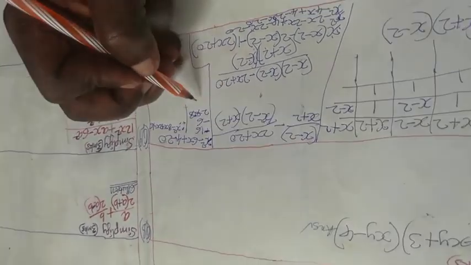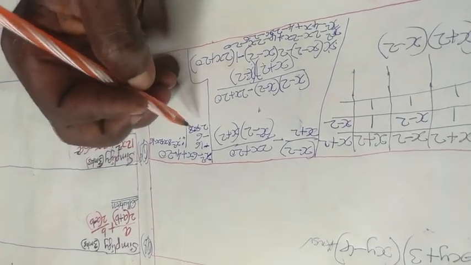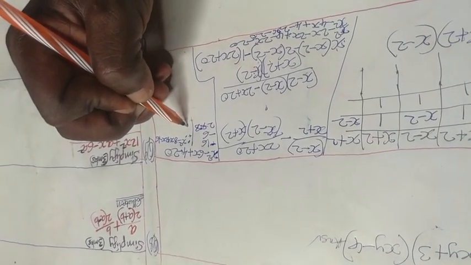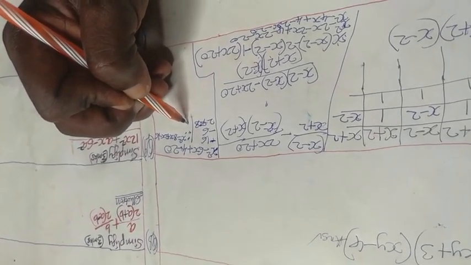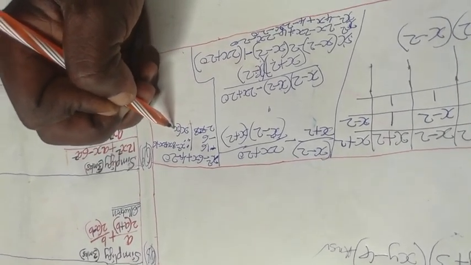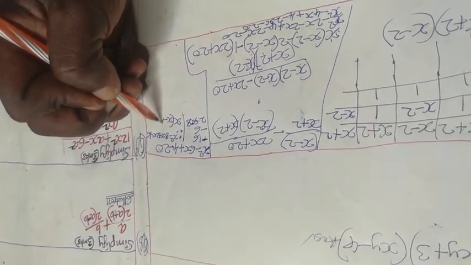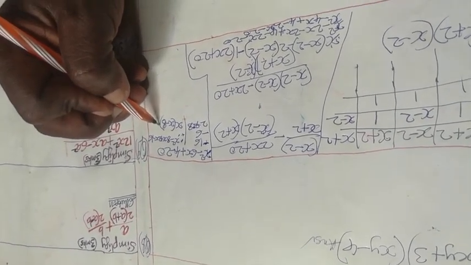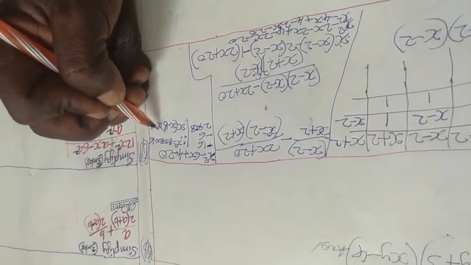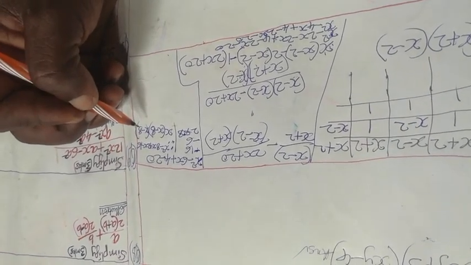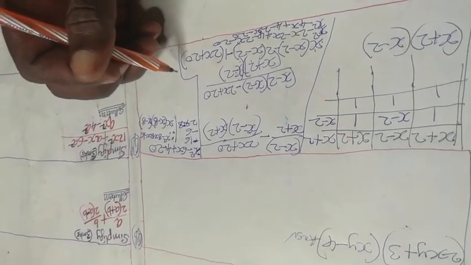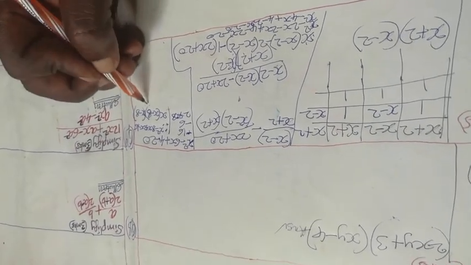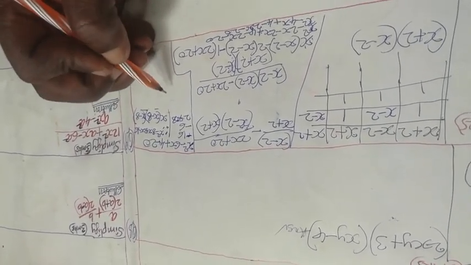Here we are going to factor out x, as x into brackets x minus 8, plus 2 into brackets x minus 8. Now this part of the question is common.